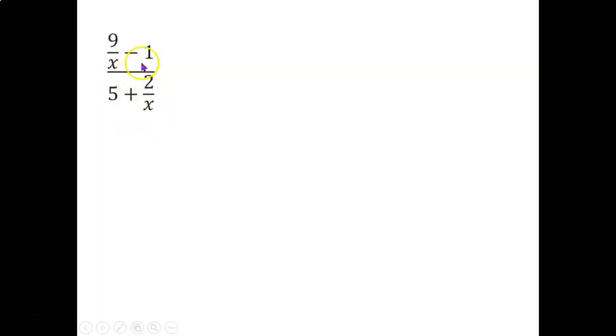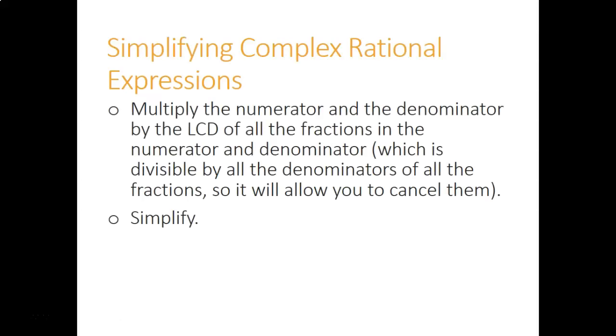Now, one way you can handle this is treat this as a subtraction here and an addition here. So you get just one fraction on top over one fraction on the bottom, and then treat it as a division problem. You can do it that way, but the way I'm going to show you, I think, is a lot easier. So here's how I would do this.